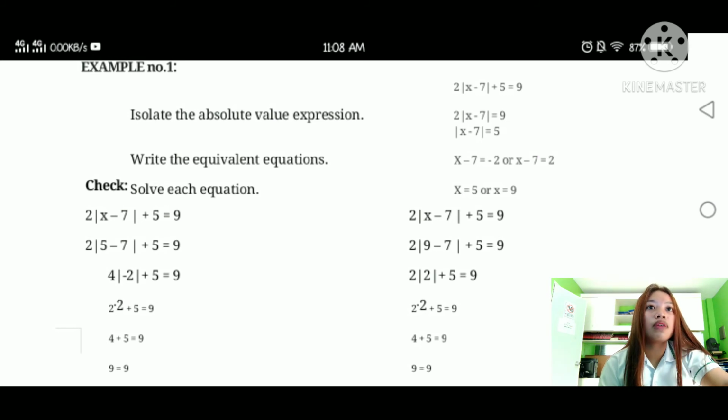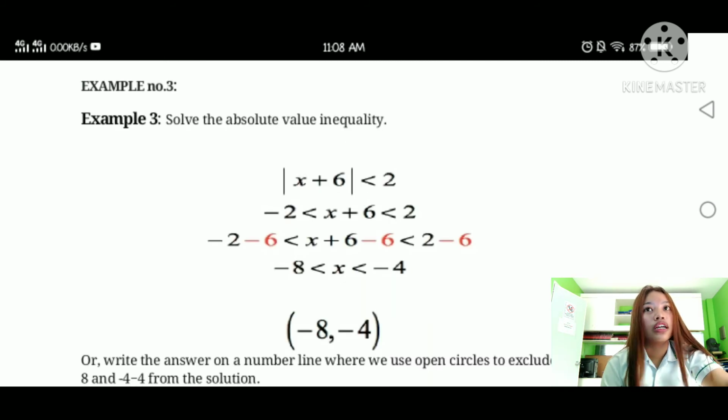So 2 times the absolute value of 2, plus 5, is equal to 9, and then 2 times 2 is equal to 4, and then add 5 equal to 9. So 4 plus 5 is equal to 9. So the answer is 9 is equal to 9. So x equals 5 and x equals 9 are the right answers. There are, again, a lot of examples here.